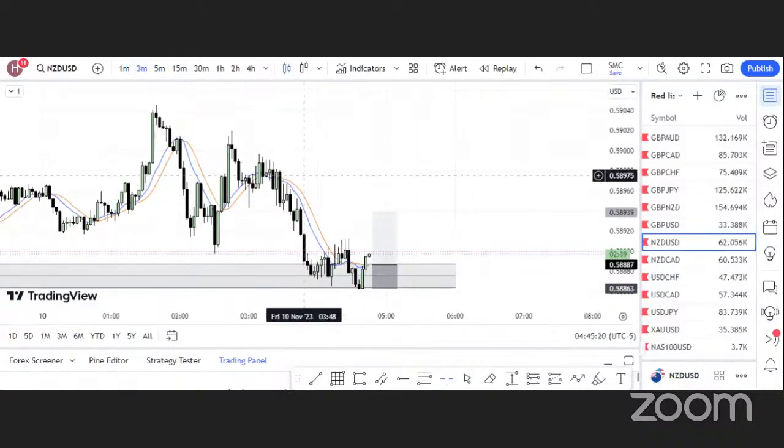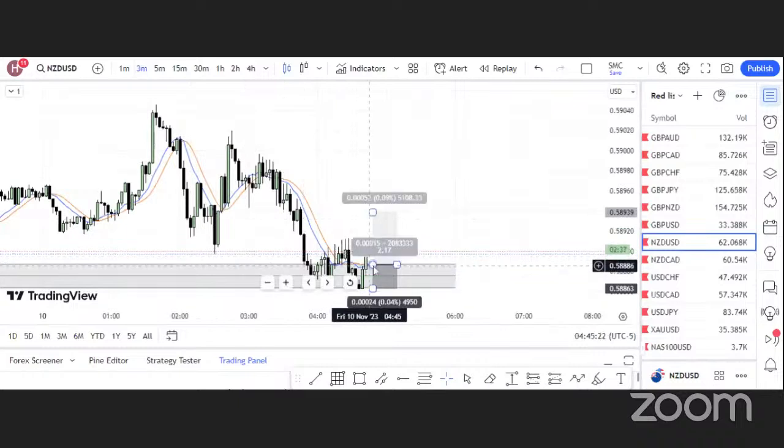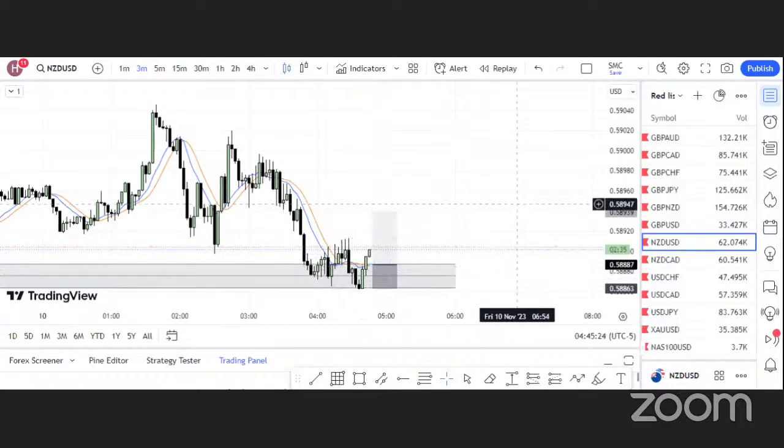Okay, so it already crossed, but it's going to come back to make a retest. Okay, so once we get the retest, we are going to take the entry.